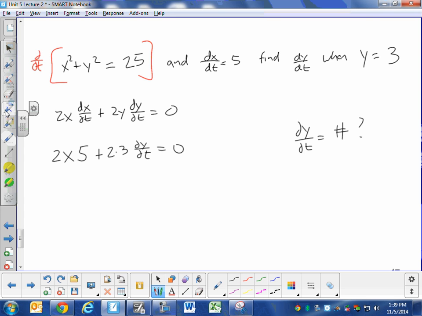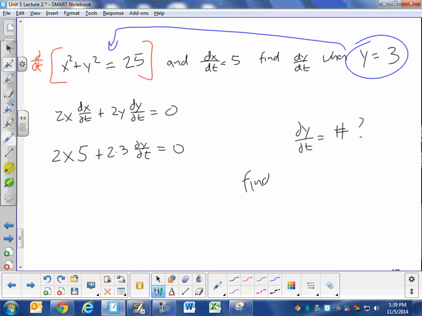Yes, let's take this y equals 3 and plug it into my original equation. I'm trying to find x here, so I get x squared plus 3 squared is equal to 25. X squared will equal 16.